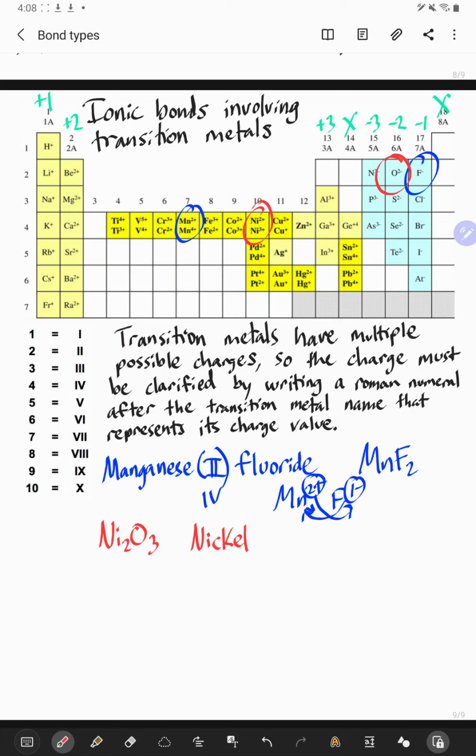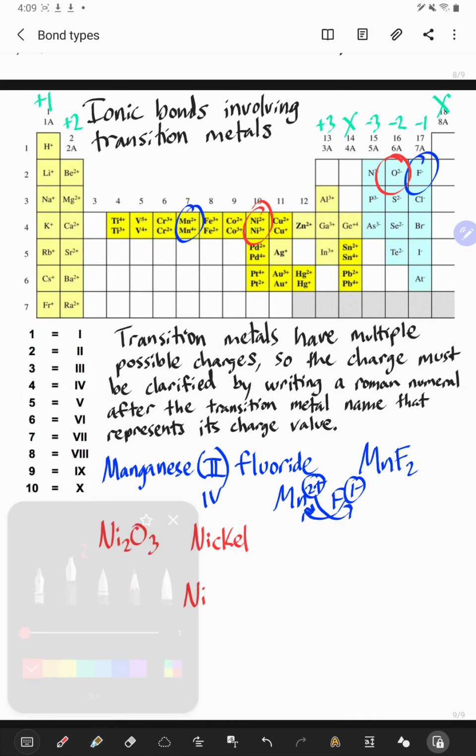All right, so we have nickel, and nickel can form a positive 2 charge or a positive 3 charge. And we need to figure out which one it is. Well, we know that the first word of the name is always going to be the first element, so we have that. But we can also do our little cheat method down here and figure this out. So we have nickel, and we don't know what charge nickel has yet.